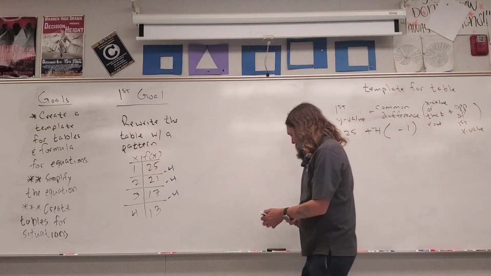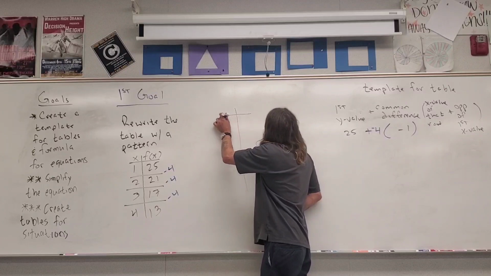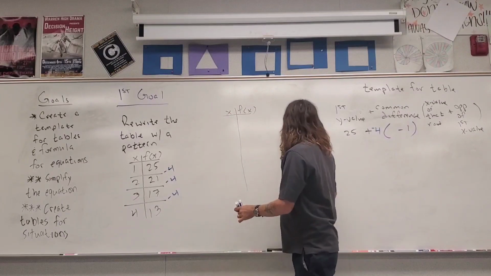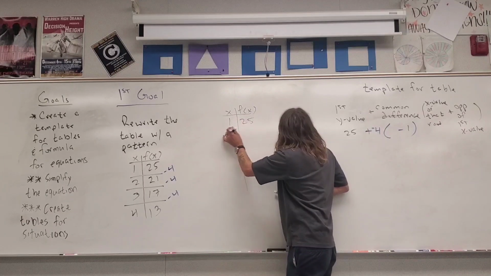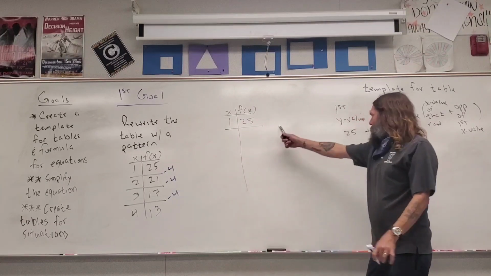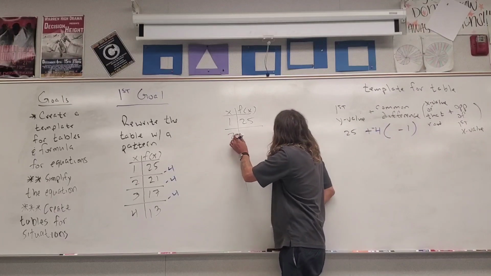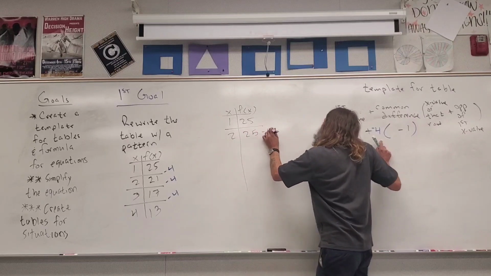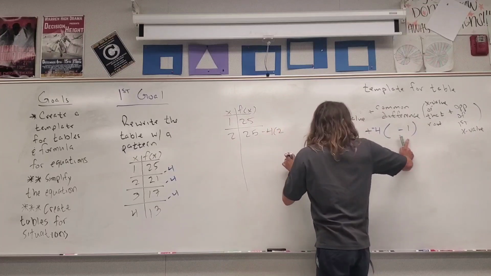Okay, so when we write our table, it now becomes, and you could even write this on the first row, you can honestly write this for every row. So my first row is 25. We'll keep it as we've had it, but you could use this for the first row. The second row is going to be 25 minus 4, my x value for that row is 2 minus 1.